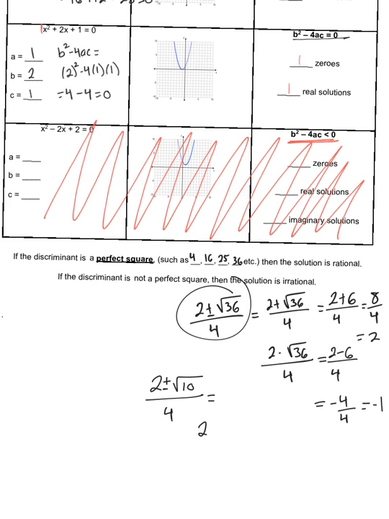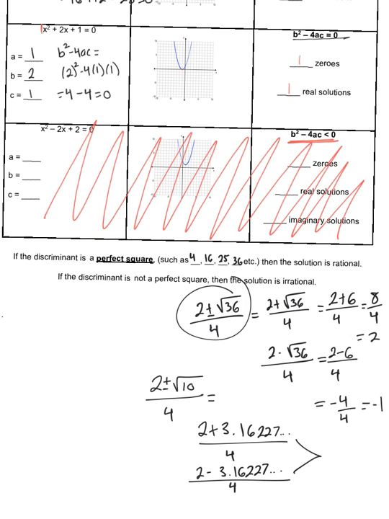So you're going to have 2 plus, in decimal form, the square root of 10 is 3.16227, blah, blah, blah, over 4. And then you would have 2 minus the same thing. The 3 dots at the end just mean that it's going to keep on continuing forever. Okay, so these two answers are not rational because they have that decimal place behind them that's continuing on forever.